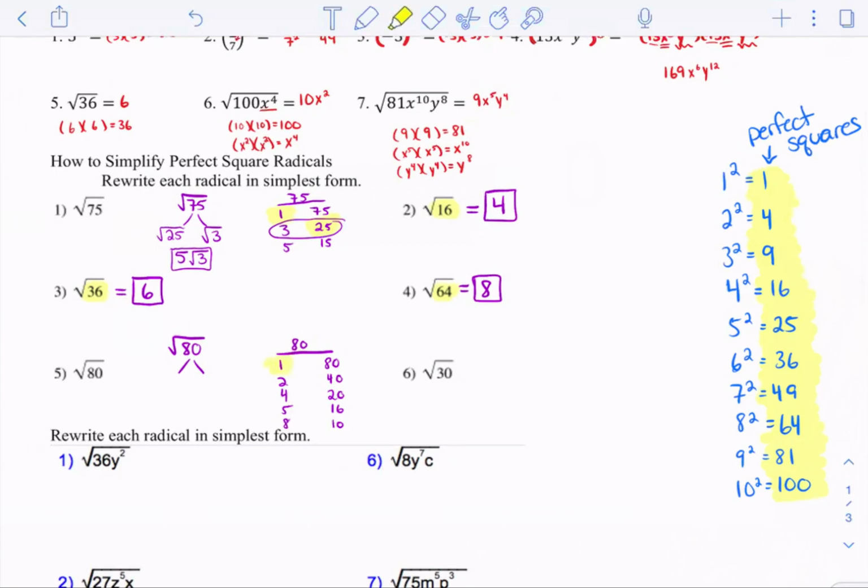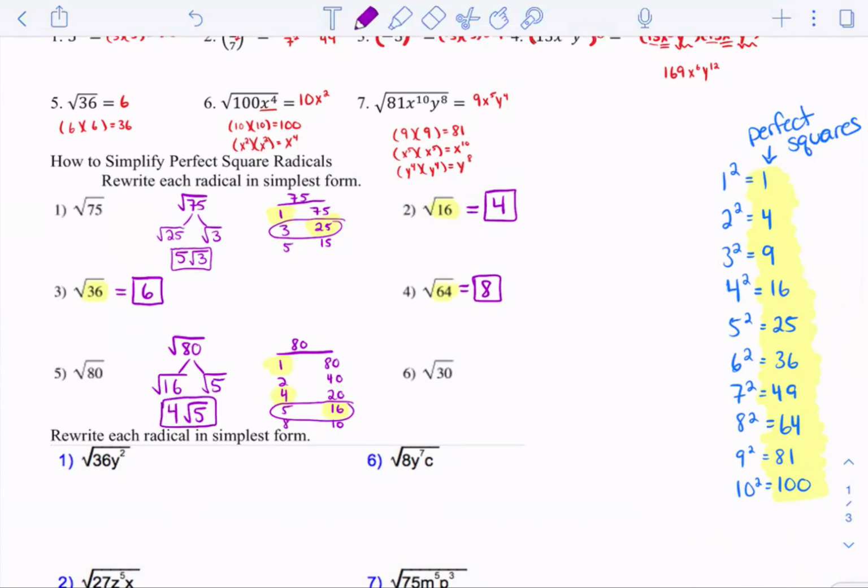I have 1, I have 4, I have 16, and those are all the perfect squares listed based off of that list. What is the largest, the biggest one? The number 16. So this is 16 times 5. The square root of 16 is 4, and I have a square root of 5. So there we go. That is simplified.